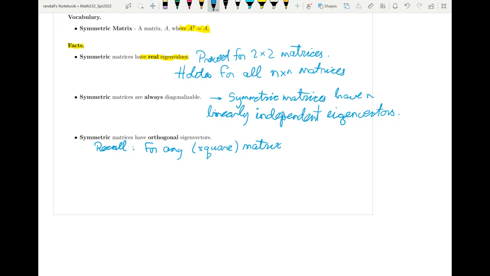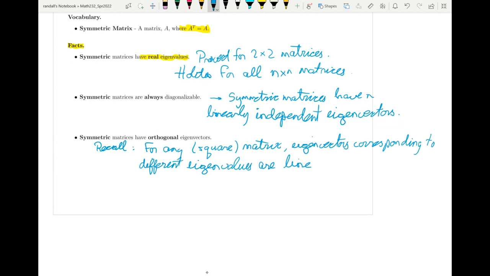This is a fact to recall: for any square matrix, eigenvectors corresponding to different eigenvalues are linearly independent.